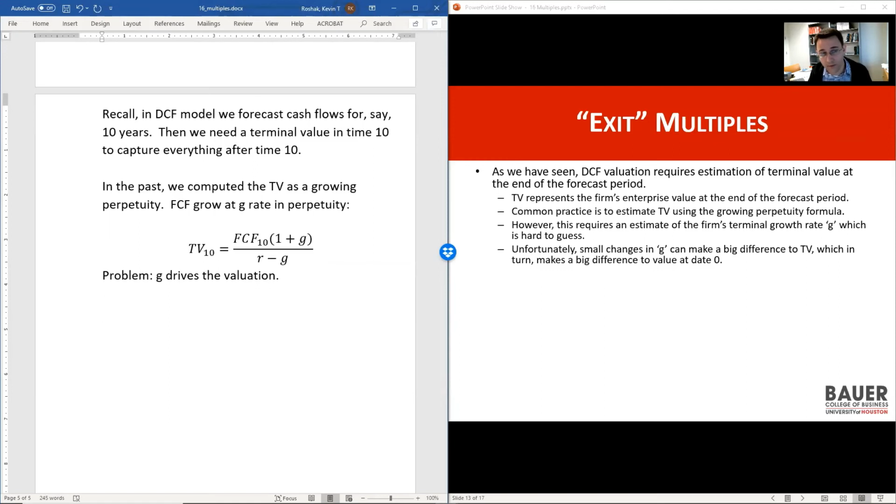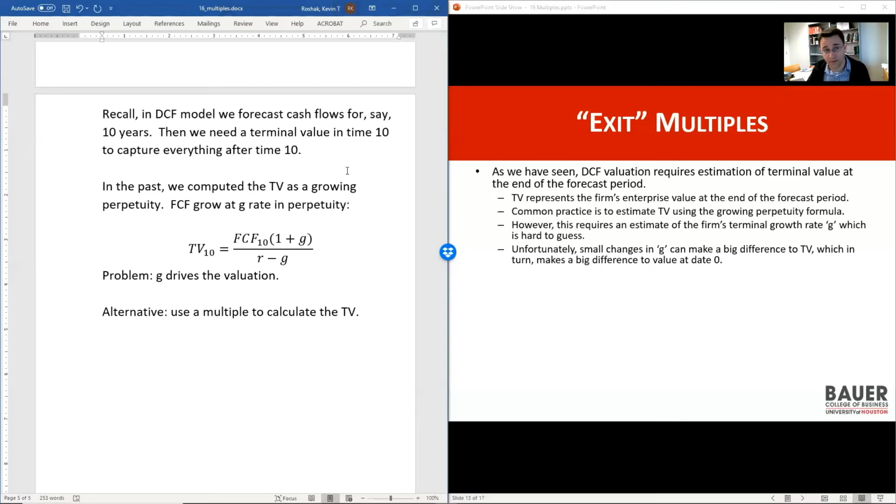An alternative approach to calculate the terminal value is to use a multiple. This way we have kind of a second opinion. Right? We don't have to put all of our eggs in this basket where we have to pick a G, and maybe we pick right, maybe we pick wrong.